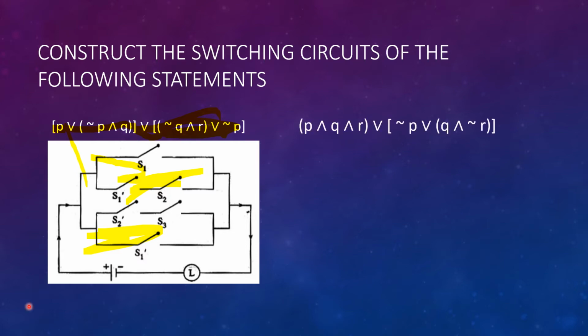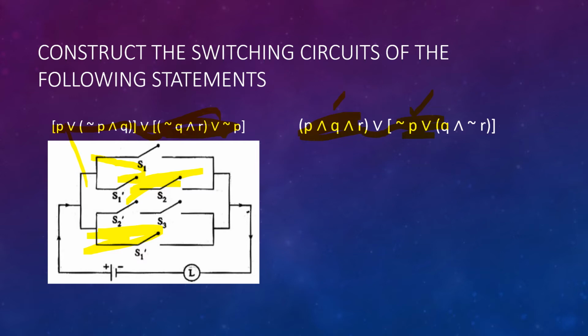Now next one. Again here they are asking you to draw. So see, first this bracket I'll draw. This bracket is an OR combination with this bracket. It means this bracket and this bracket should both be in parallel combination because they are connected by the logical combination OR.